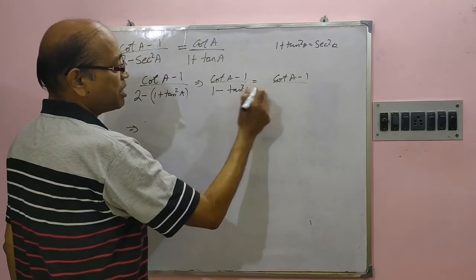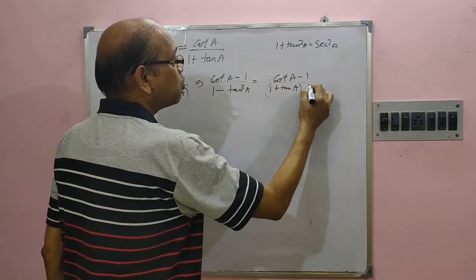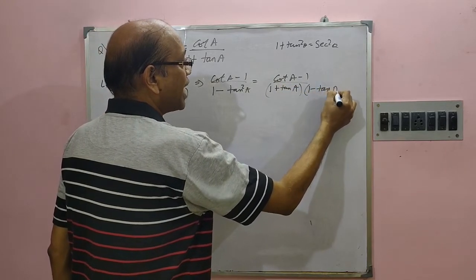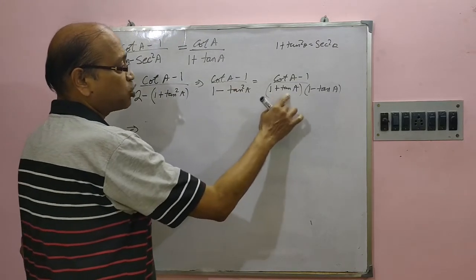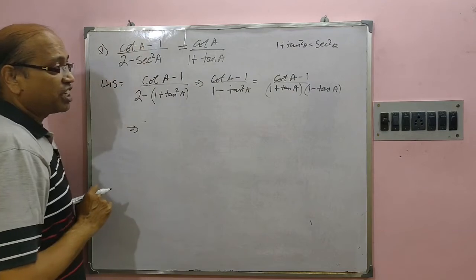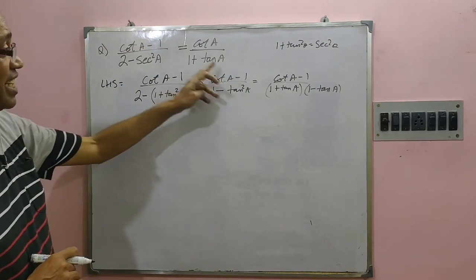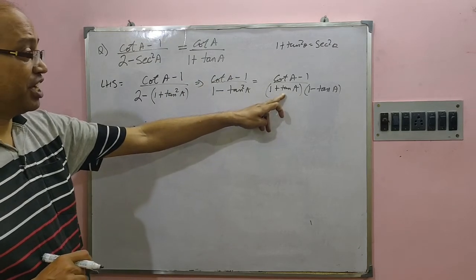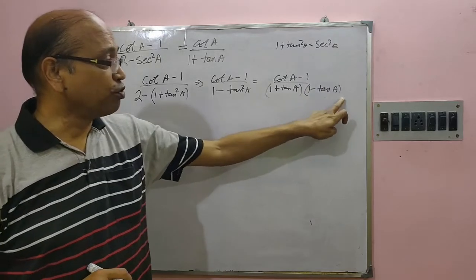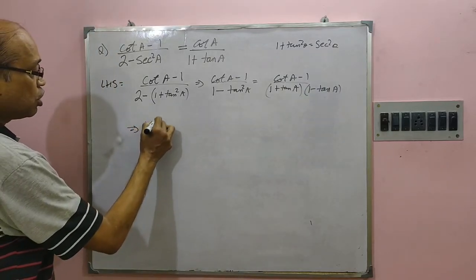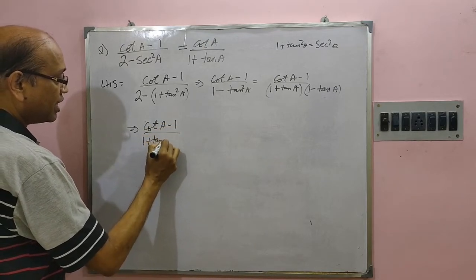Now this can be written as 1 plus tan A into 1 minus tan A. A square minus B square can be written as A plus B into A minus B. Is it clear? Why did I do this? Because I have got 1 plus tan A in the right hand side. I also got 1 plus tan A here. Now I have to change this into cot because I want to remove this. So what is here? Cot A minus 1, 1 plus tan A.